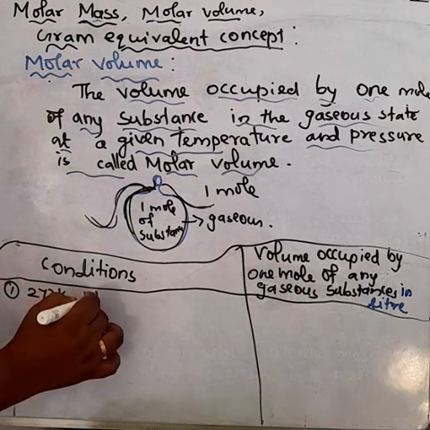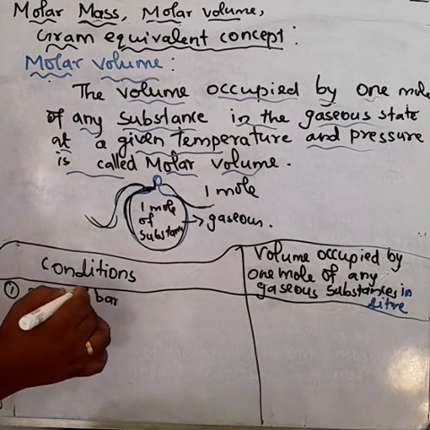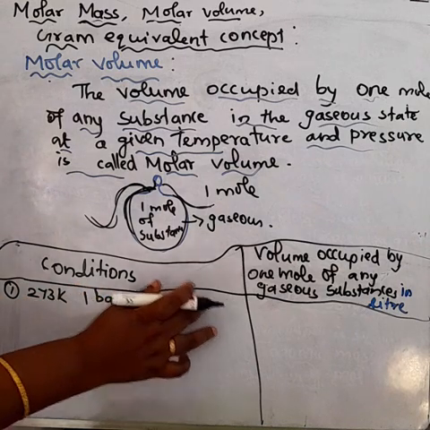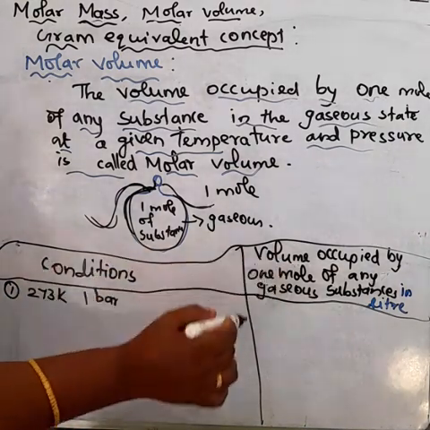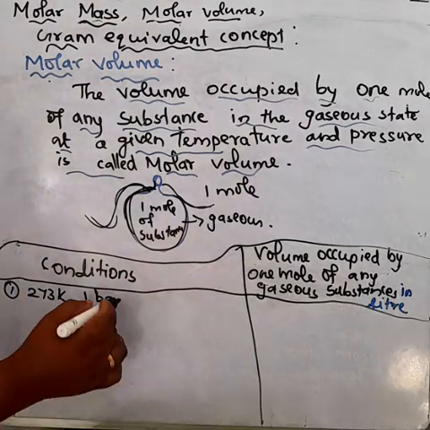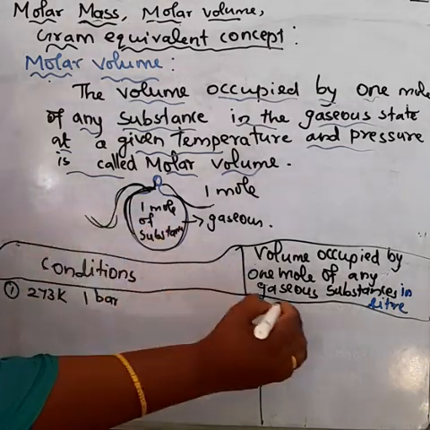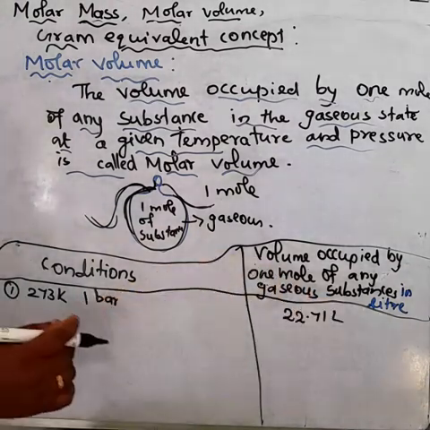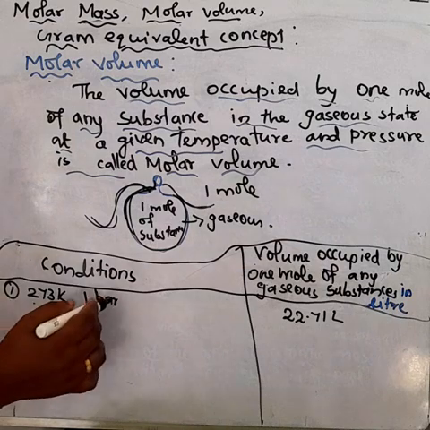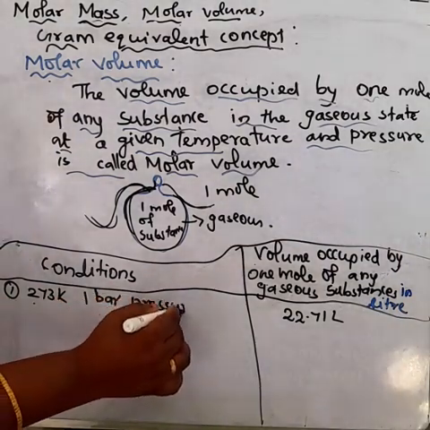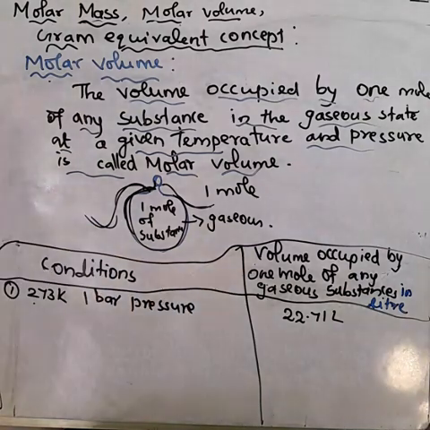How much volume is occupied by 1 mole of gaseous substance? Here we get 22.71 liter, at the given temperature of 273 Kelvin and a pressure of 1 bar. So what is the volume occupied here?